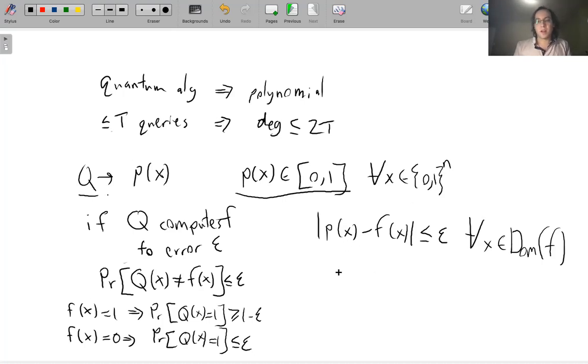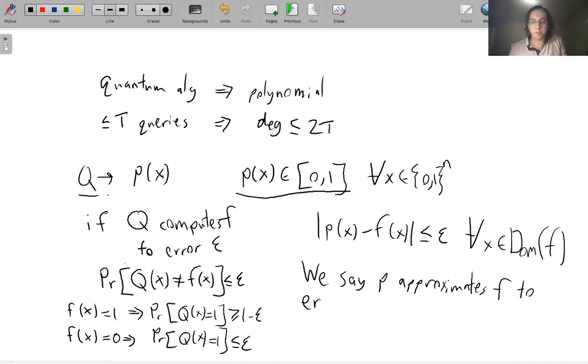Okay. So a useful definition we didn't make in the notes is that we say that P approximates F to error epsilon if these conditions hold.